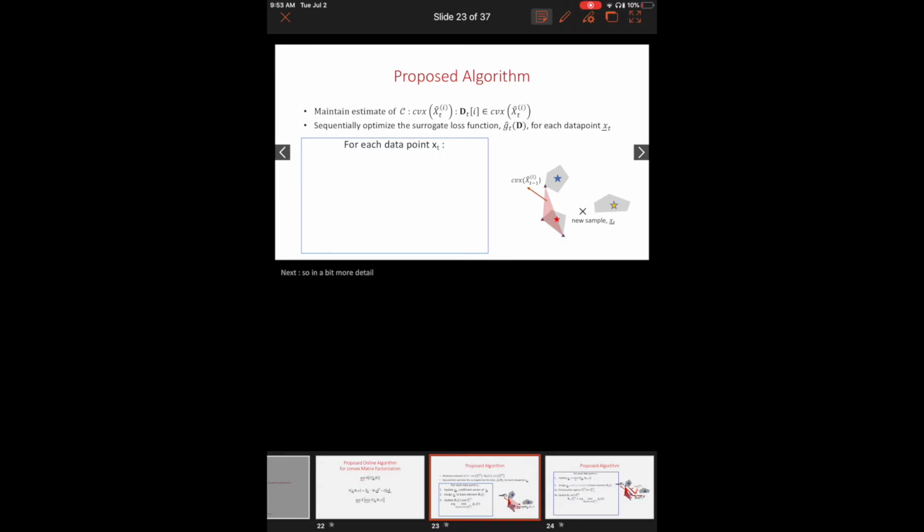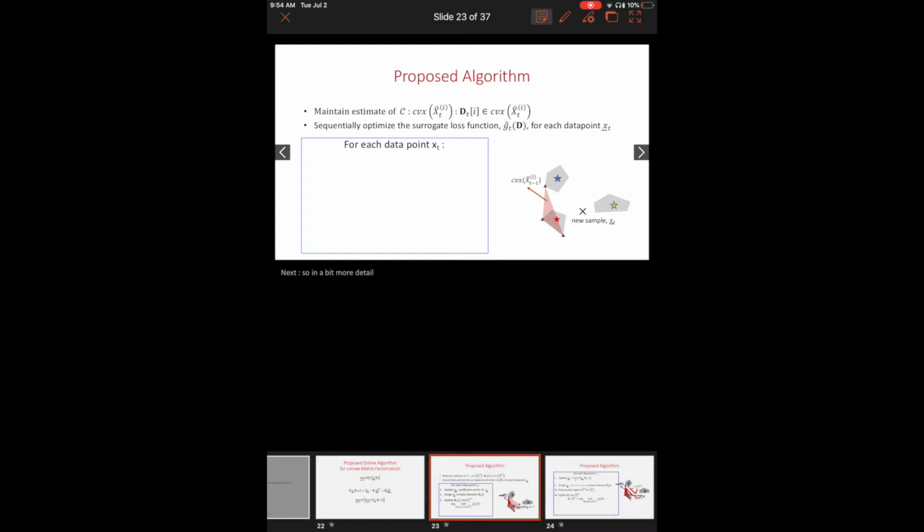We maintain an estimate x hat t of i at each iteration for the compact space C, and sequentially we update this estimate x hat and the basis vectors D for each data point as it comes in.